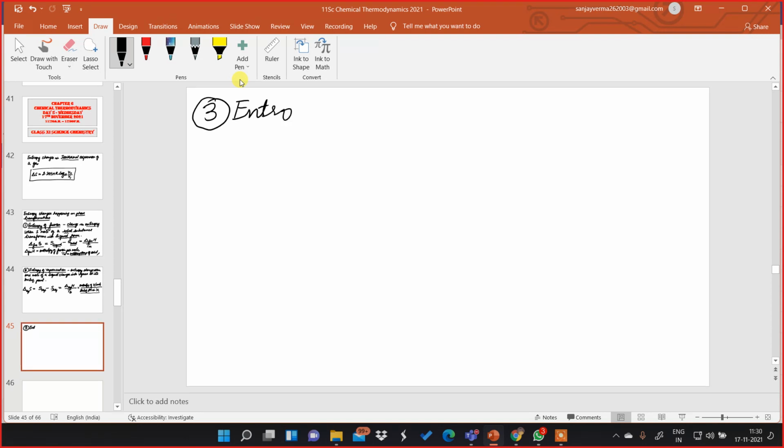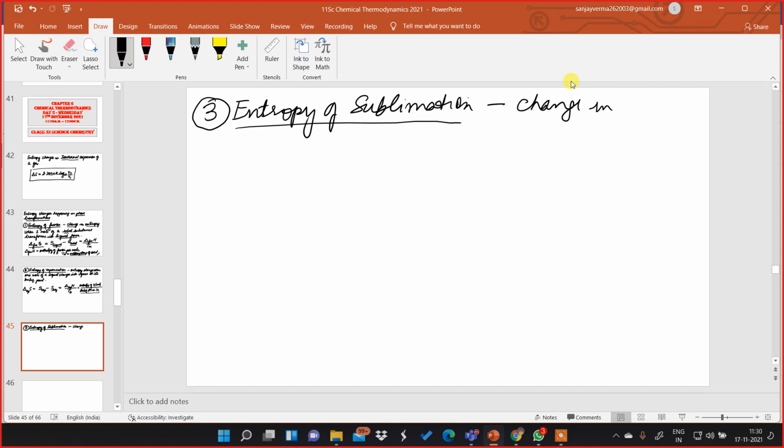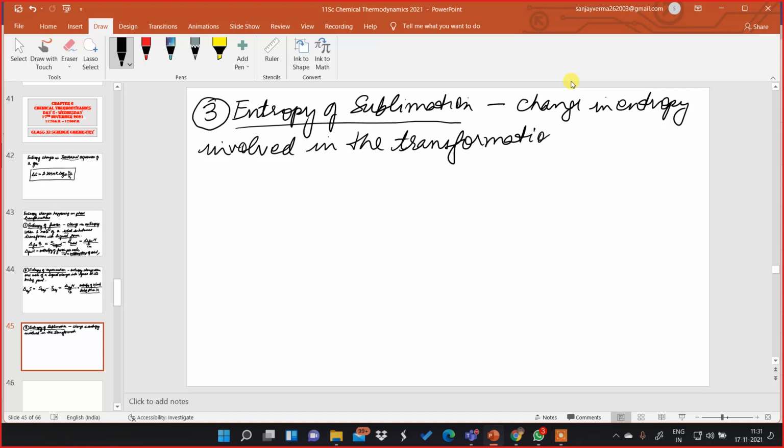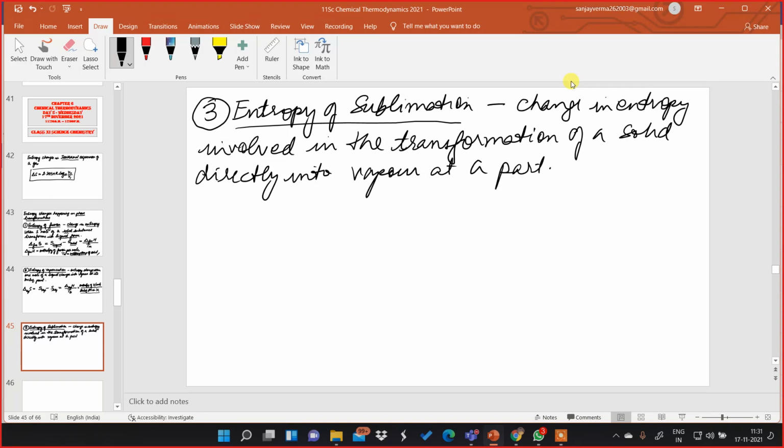It is defined as the change in entropy involved in the transformation of a solid directly into vapor at a particular temperature.